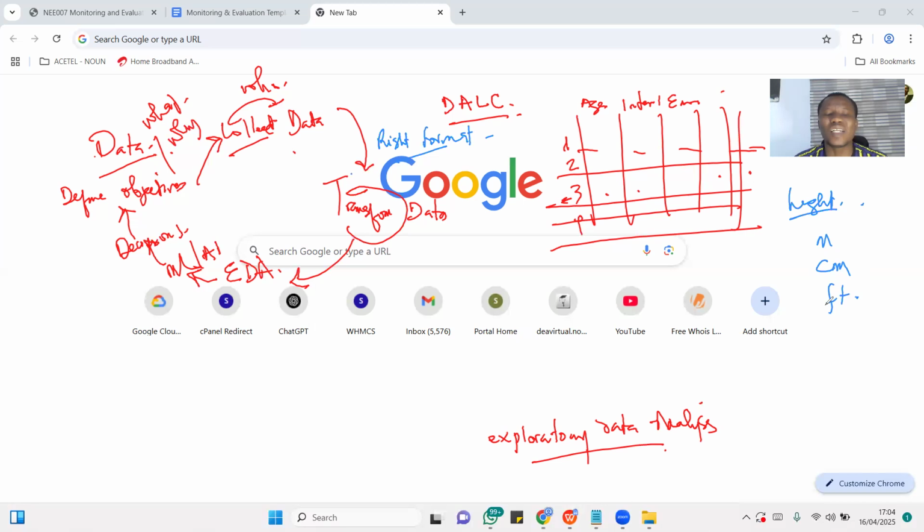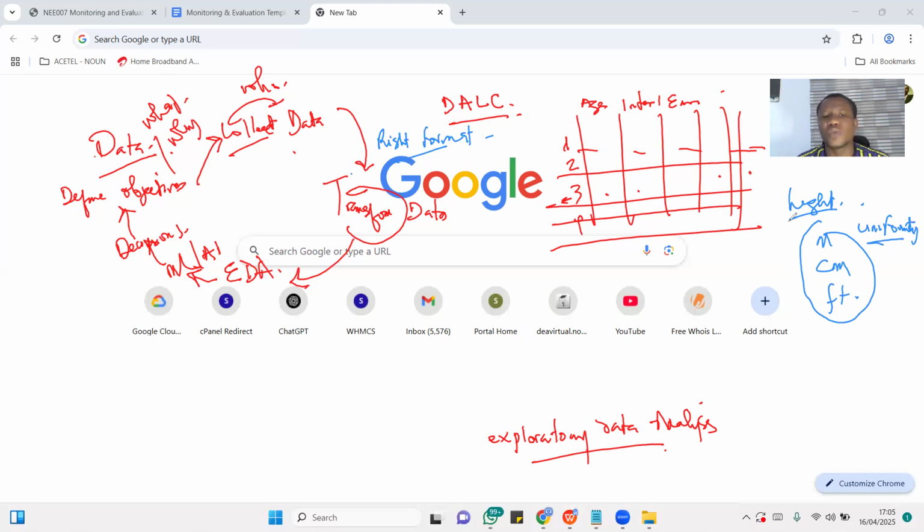You see, when you're analyzing this data, you need to make sure that there's uniformity in the data that you are collecting. So you don't just ask people, what is your height? Or maybe your shoe size, if you have a shoe brand.